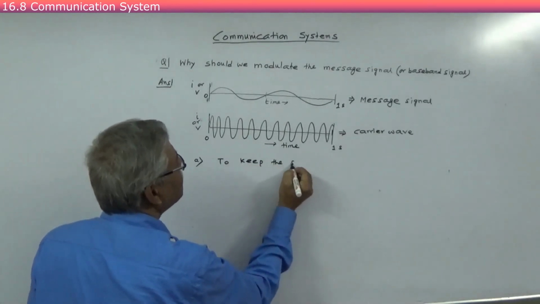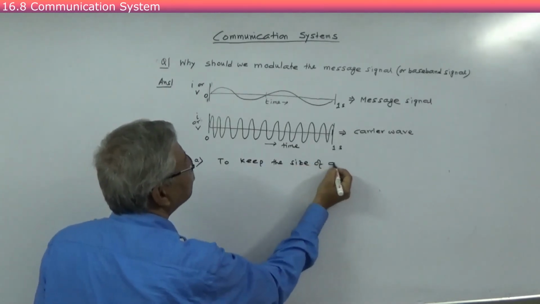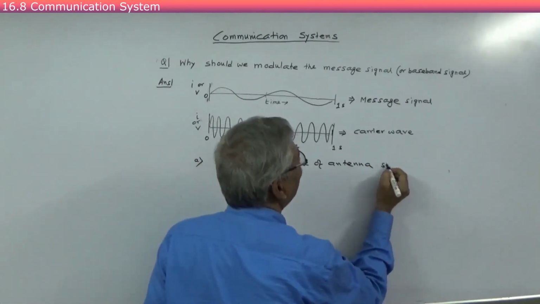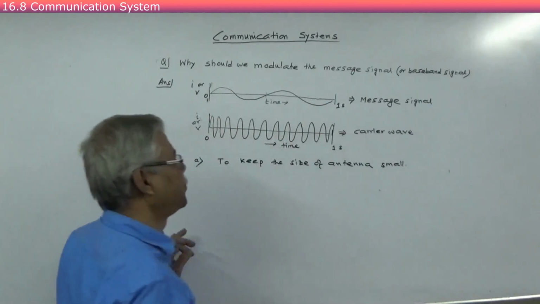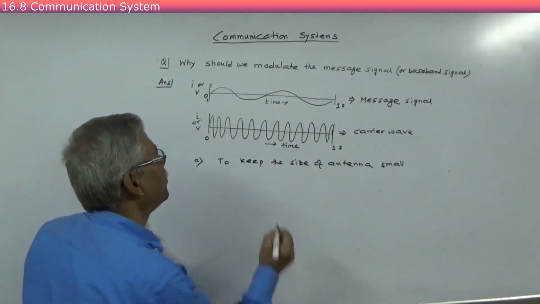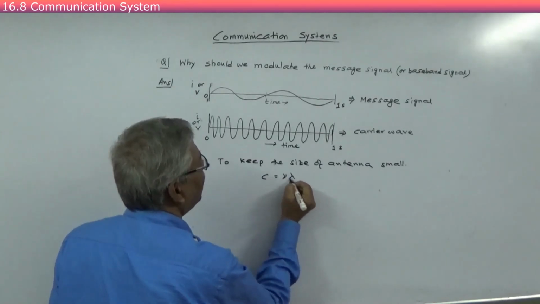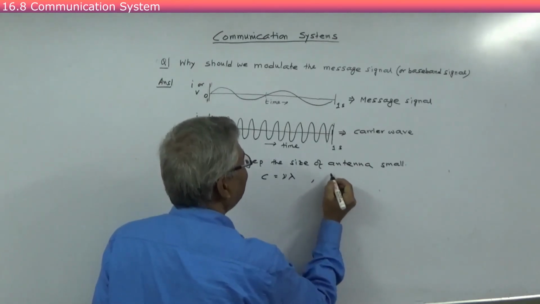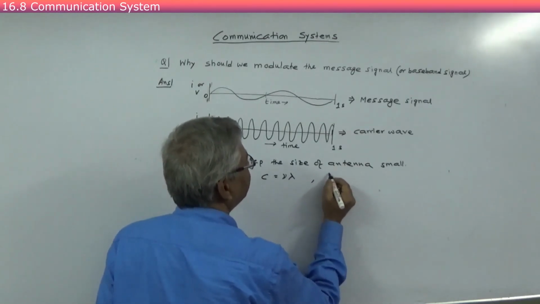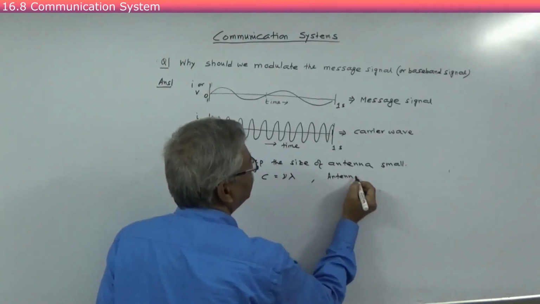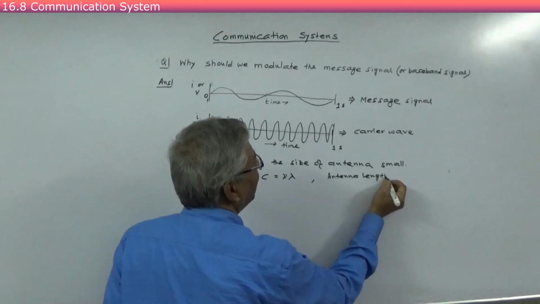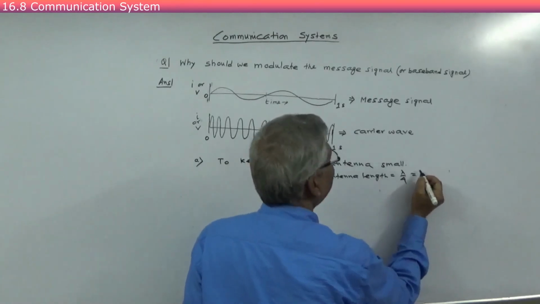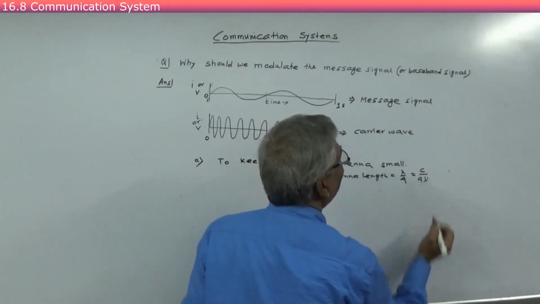the size of antenna small. To keep the size of antenna small, reason is, all of you know, I would have already discussed, C equal to nu lambda, and size of antenna length equal to lambda by 4 equal to the C by 4 nu.